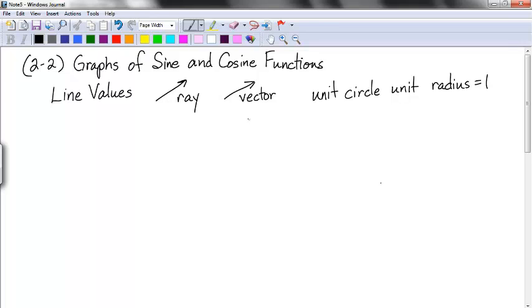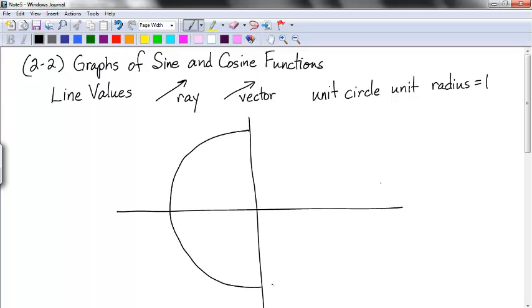For about half your paper, draw a big coordinate axis with a big circle, and that circle has a radius equal to 1.